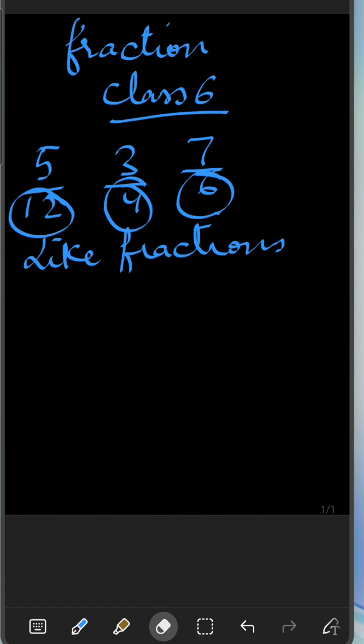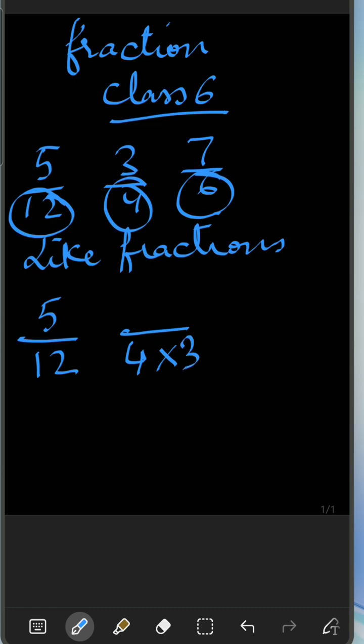How do we do this? In the first fraction we already have 12, so there is no need of changing this fraction's denominator. We have to change the denominator of the second number, which is 4. So what should we multiply 4 by to get 12? We have to multiply by 3.